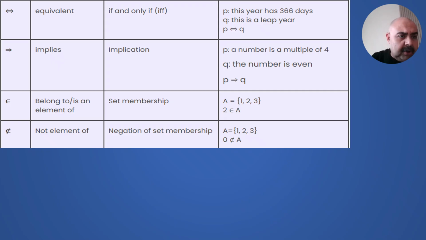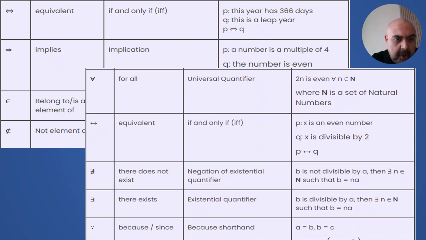Okay. Also, this double arrow represents equivalent. This is implied to, that belongs to, that doesn't belong to, or not an element of, and you will have examples on all of this. Also, this symbol is for every or for all.